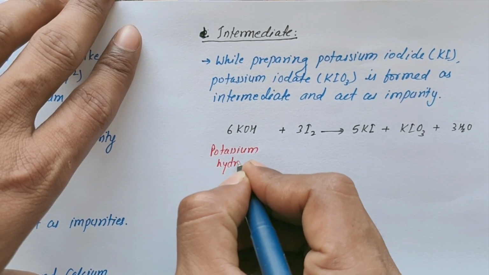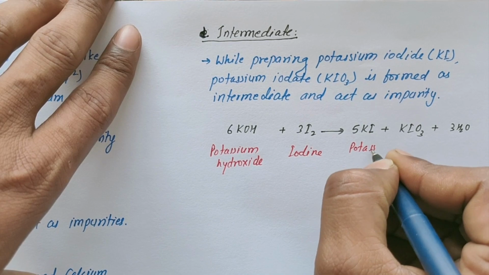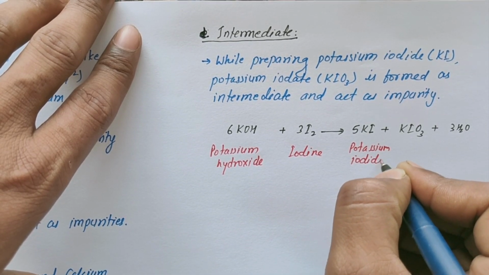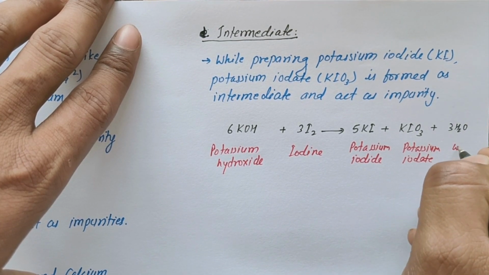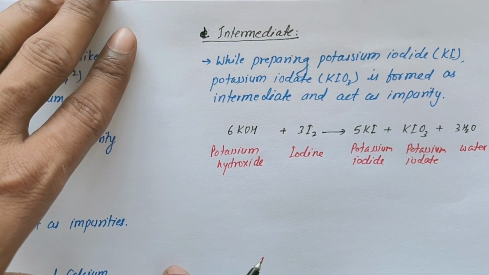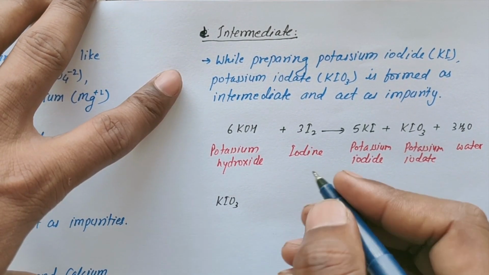You should write the names also: potassium hydroxide, iodine, potassium iodide, potassium iodate, and water. Don't leave these names, otherwise your marks will be reduced.